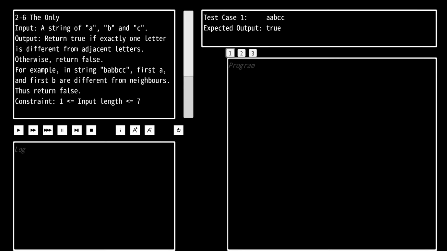Okay. For example, in BABBCC, the first A and the first B are different from their neighbors, thus return false. So I'm so confused. I don't understand.